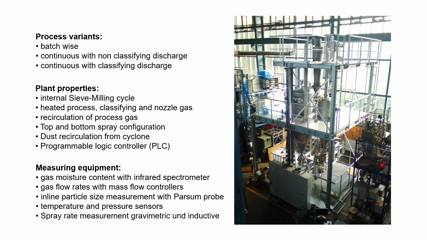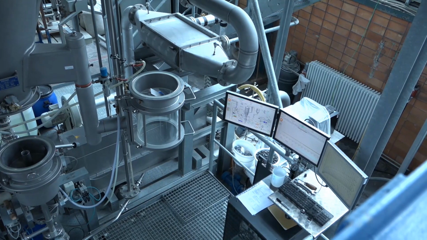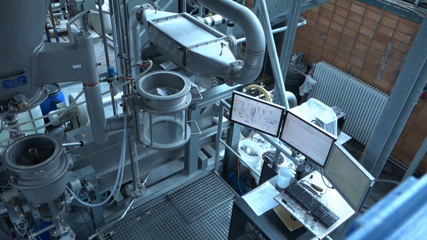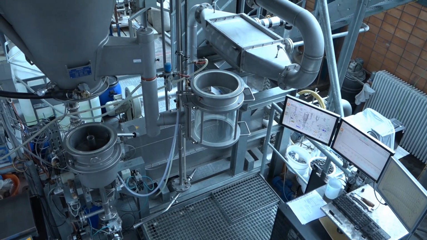Now once more, we show the process chamber, and also some other parts of the equipment. This is the dehumidifier for the exhaust gas.